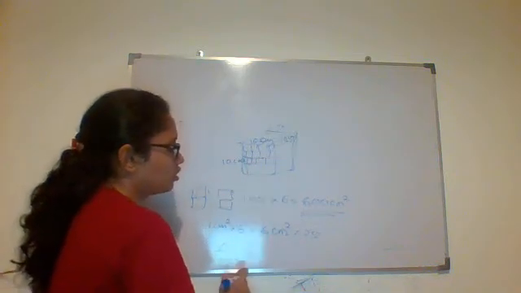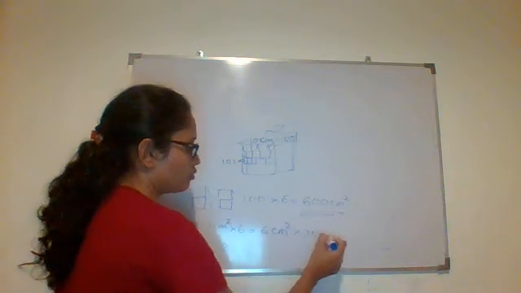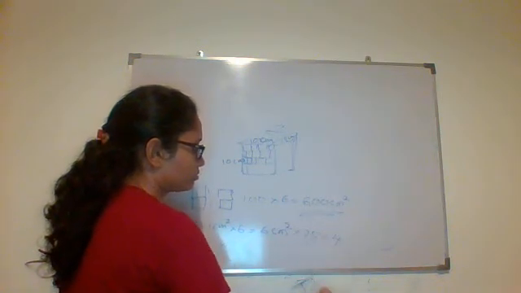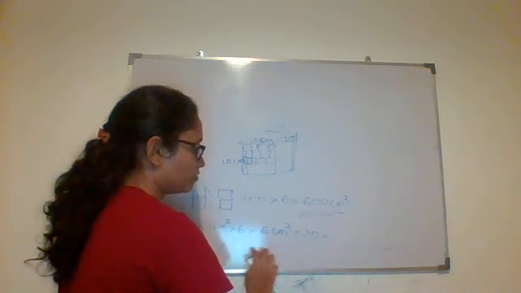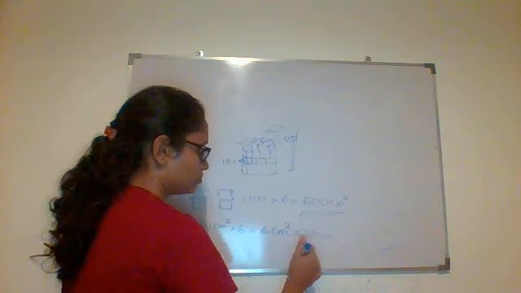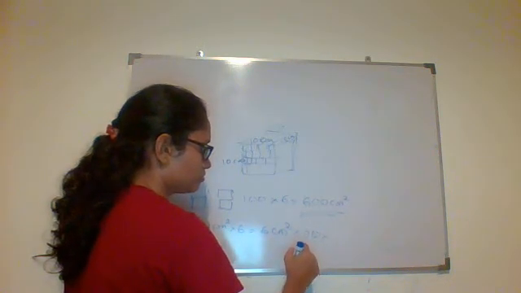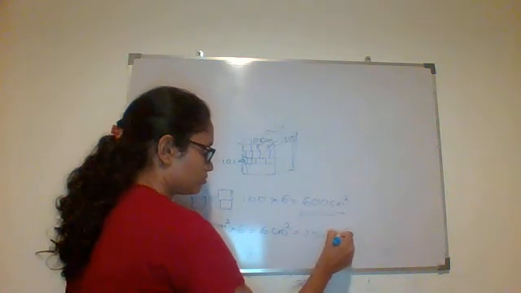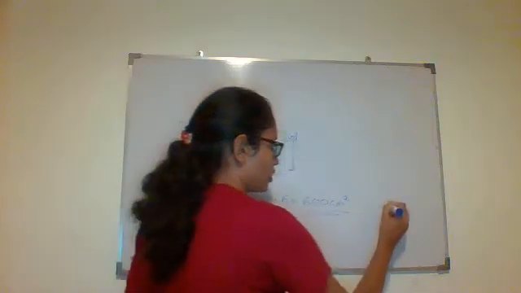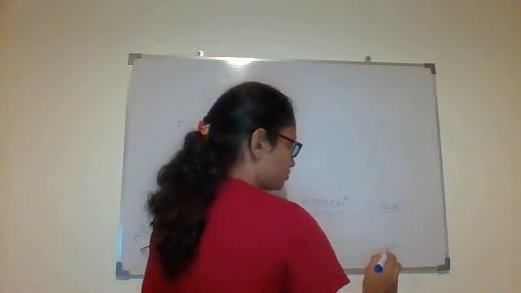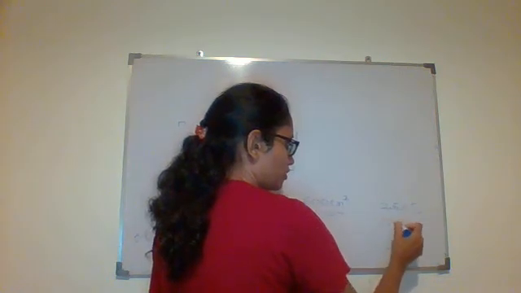That means another 25 each, right? 25 into 5 means 125.